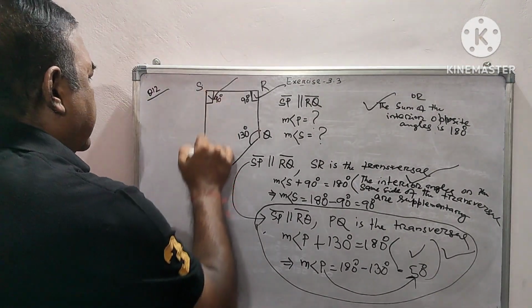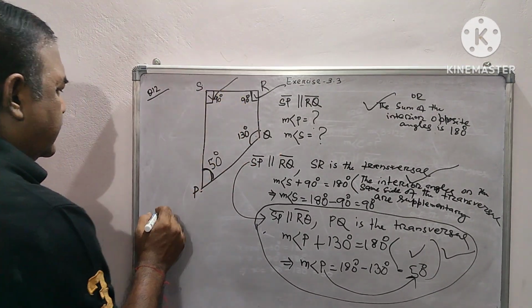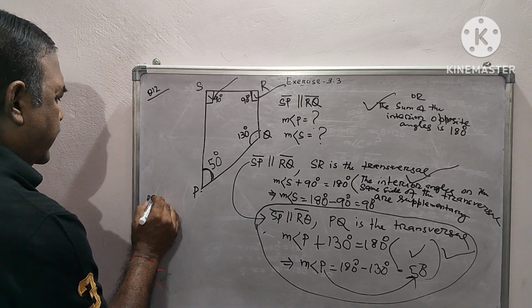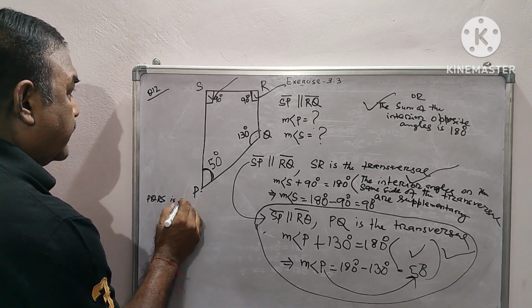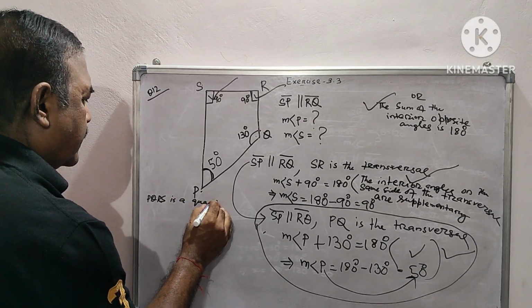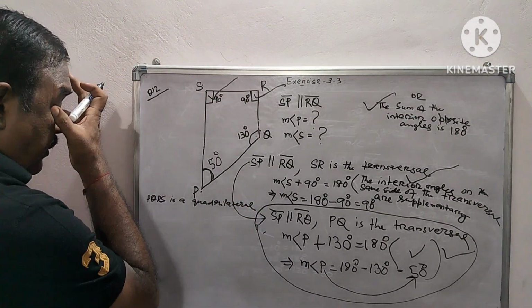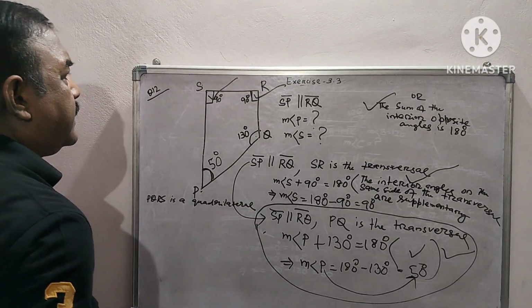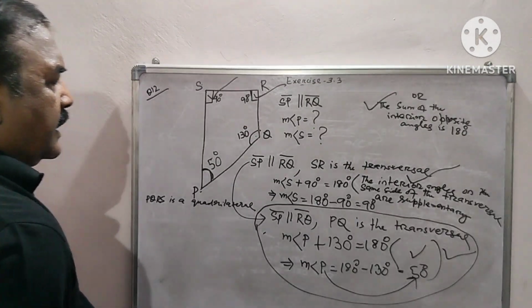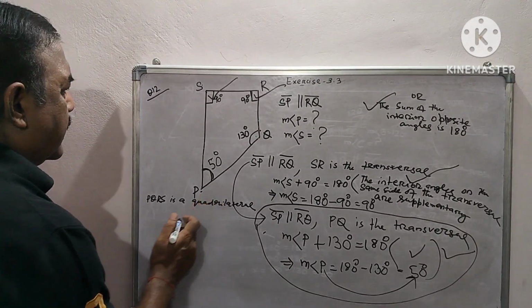How? Now PQRS is a quadrilateral. So what do we know about the interior angles? What is the angle sum property of the quadrilateral?